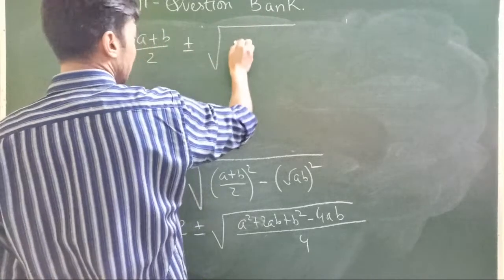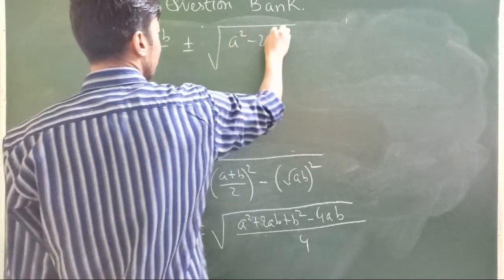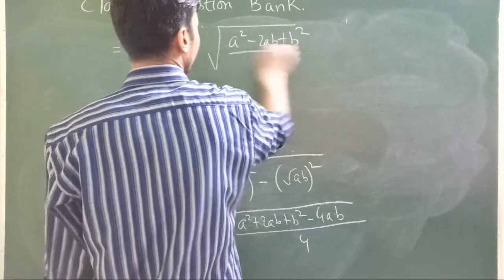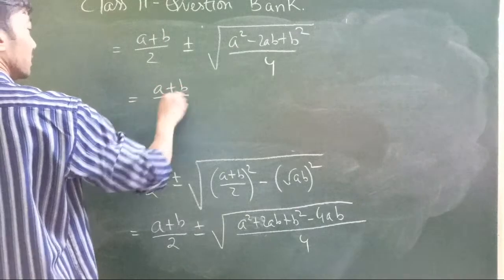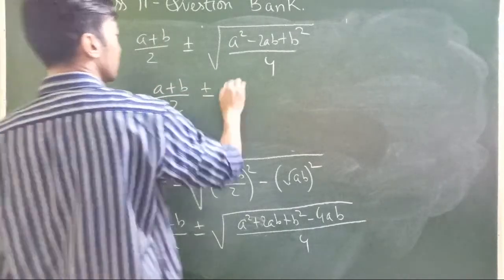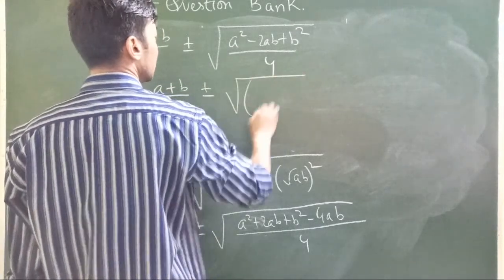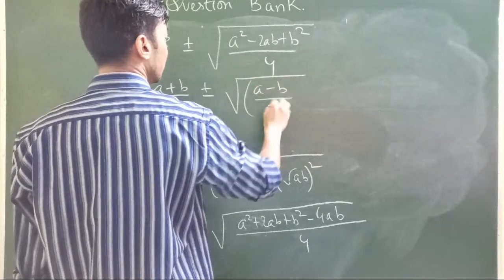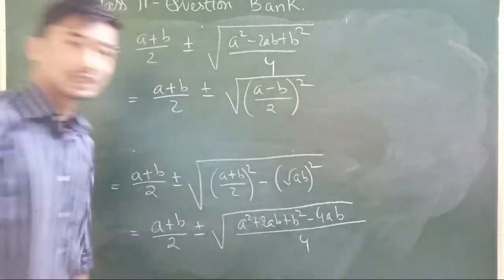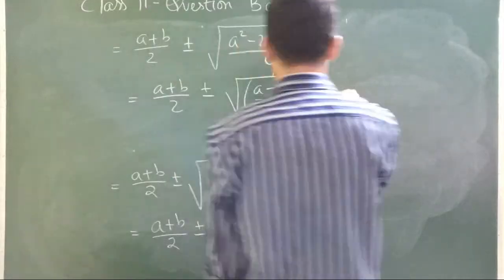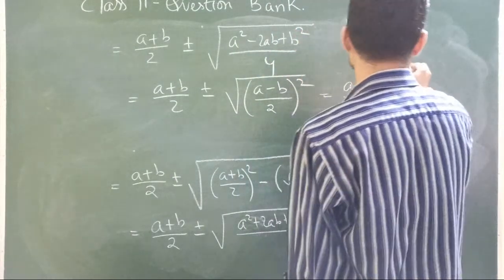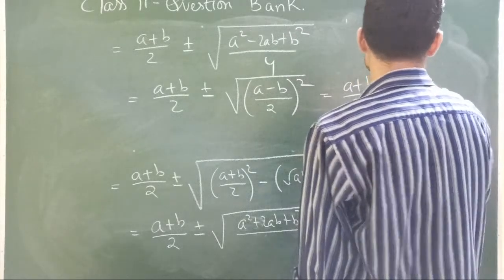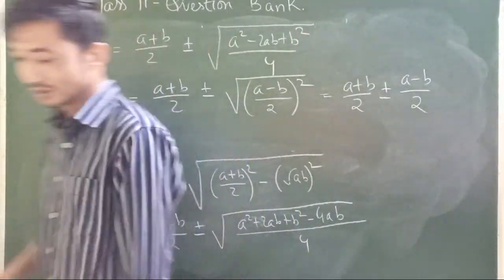That's going to be a square minus 2ab plus b square divided by 4. So further simplifying this, (a+b)/2 plus or minus the root of ((a−b)/2) whole square. I guess that's simple. So that is going to be (a+b)/2 plus or minus (a−b)/2.